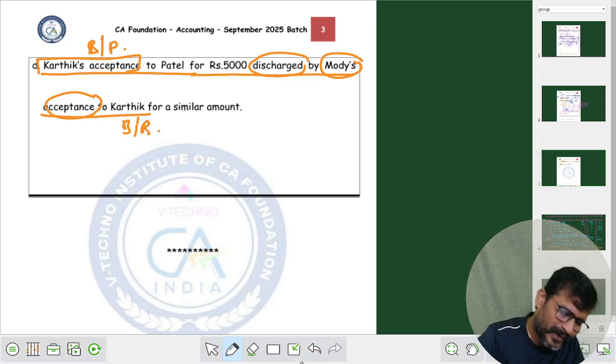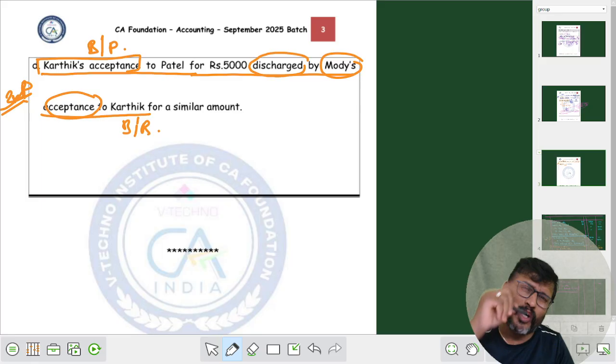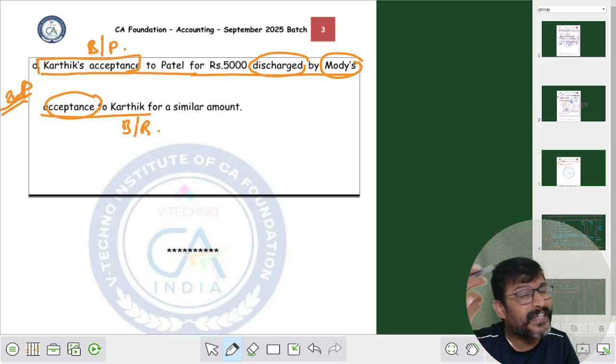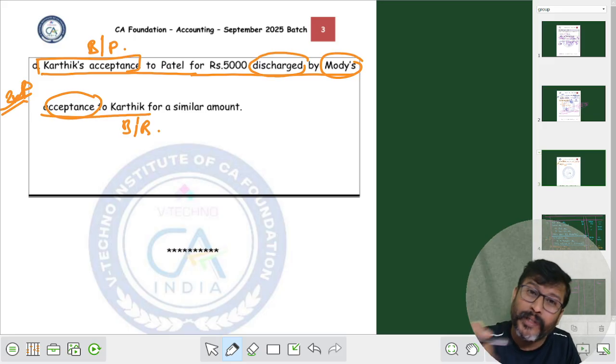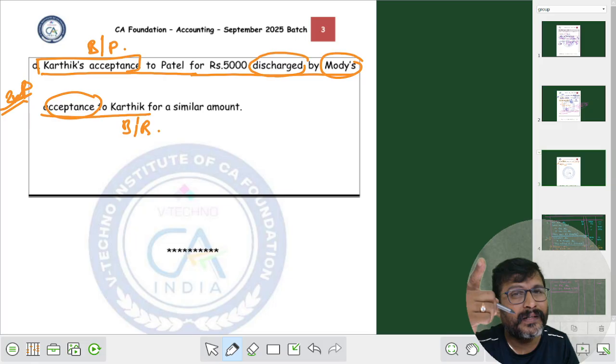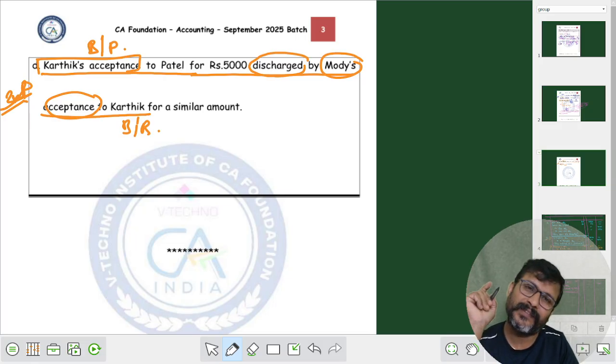Please remember. So easy, silly concept, but having a lot of logic. Here, Karthik acceptance means, my dear student, it is a BP for Karthik. Was discharged by how? Mody's acceptance for Karthik. Mody accepted means what? It is a BR for Karthik.